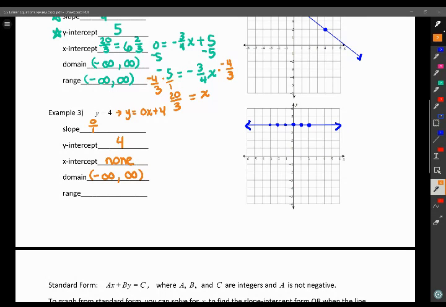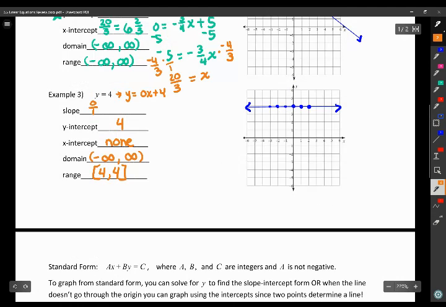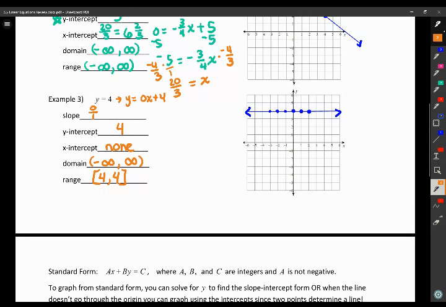We're back. So our range then is 4. It's just going to be 4 to 4. It's always 4. And basically that's the way we're going to write that, is our y is always 4. All right, so those are the easiest case, and notice how they're always straightforward. And again, the things that we like to graph are the slope and the y-intercept.